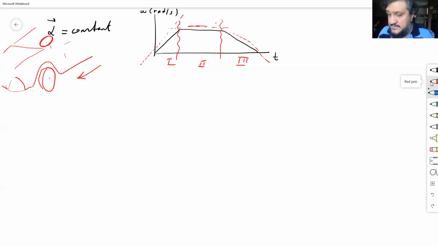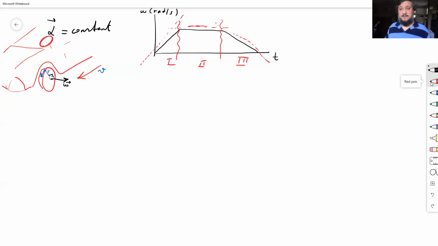While the car is moving this way, that's your linear speed for the car. A point you pick on the rim will have linear speed in that direction, where this is r and so on. But the angular speed can be found using the right-hand rule, remember, which would give you a direction perpendicular to this.